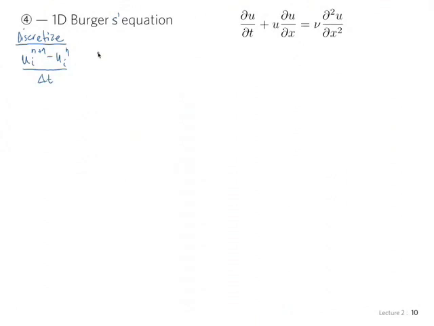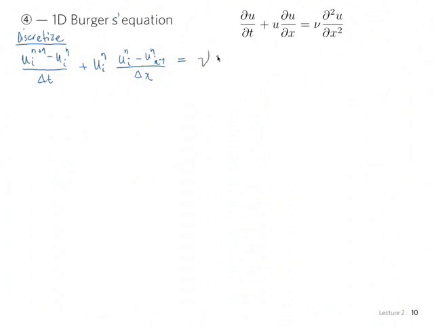Our backward difference in time for the first derivative in space, so plus u_i^n, and we have u_i^n minus u_{i-1}^n divided by delta x, and we have our central difference for the diffusion term, because diffusion is isotropic, and so it must go in every direction, in both directions in this case, because it's just a 1D problem.